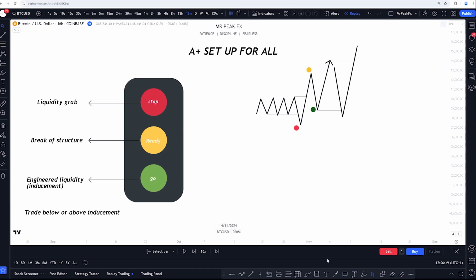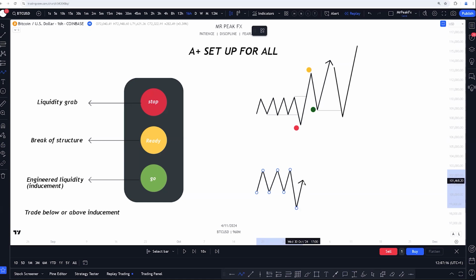Now, this is the second way that price can also present itself. So you can have price do something like this. Price is in a range. Then what happened? Sorry, we have a liquidity grab.